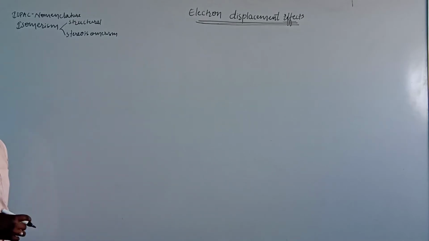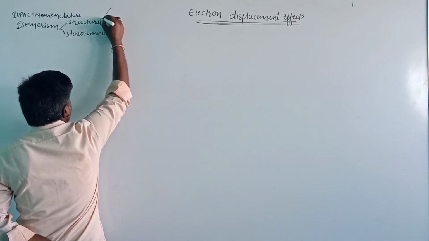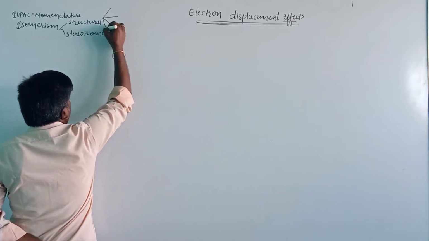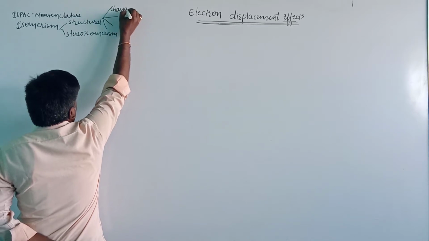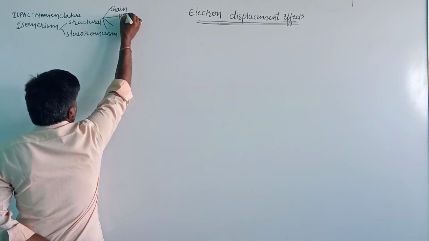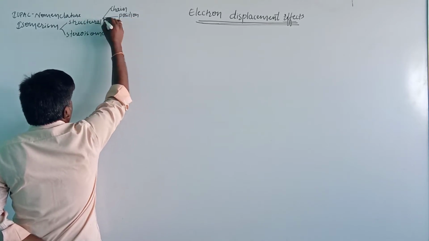The structural isomerisms are further divided into five groups. The first one is chain isomerism. Second one, position isomerism. Third one, functional isomerism.